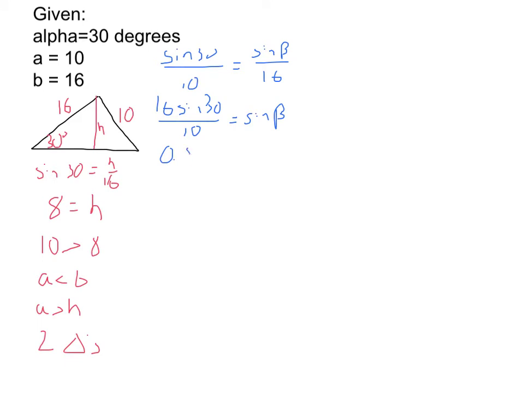We have chosen some nice numbers here. That equals the sine of beta. Inverse sine of 0.8 gives me about 53.13 degrees for beta. And so nothing's different here. We would have gotten to this point even if we hadn't checked for how many triangles we had.